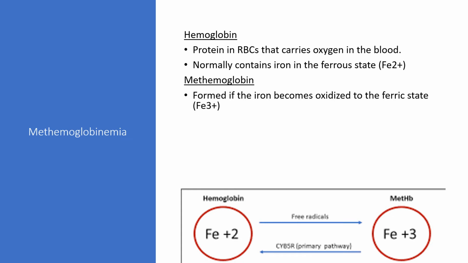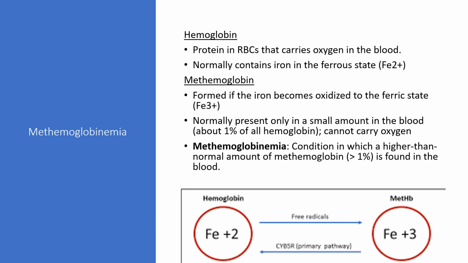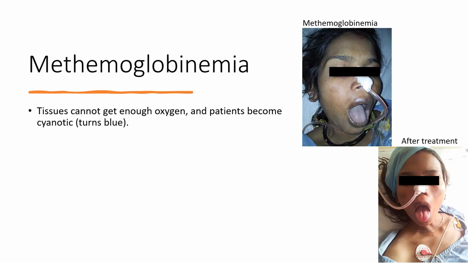Methemoglobin is normally present in the blood, but only in small amounts, maybe less than 1% of all the hemoglobin is methemoglobin, and it cannot carry oxygen. If you have an abnormally elevated concentration of methemoglobin, we call that methemoglobinemia. In this condition, tissues cannot get enough oxygen, and patients become cyanotic or turn blue.